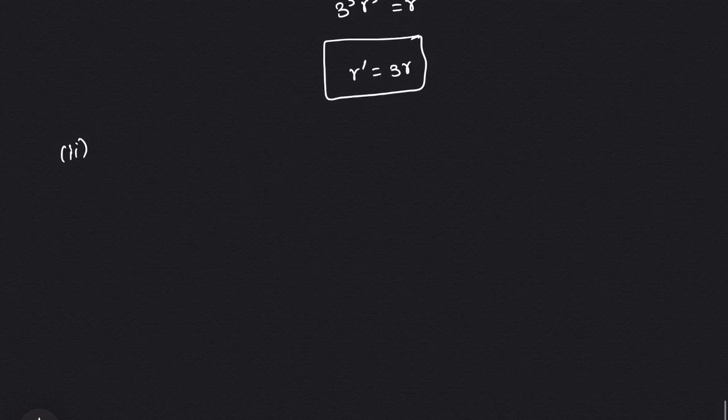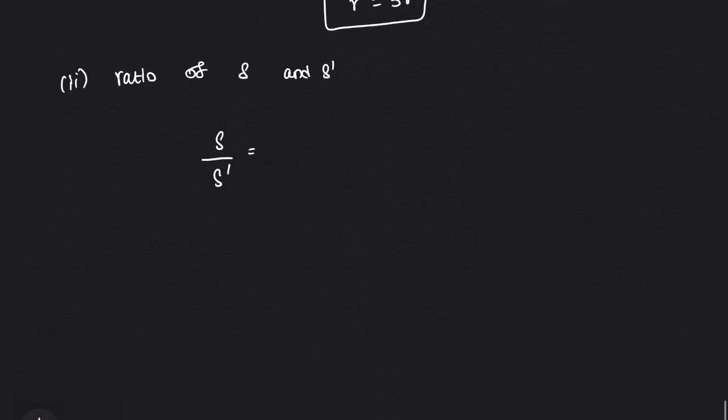Then second question. So we need to find the ratio of S and S dash. It's very simple. S and S dash are surface areas. So surface area of the sphere with radius r divided by surface area of the sphere with radius r dash. So smallest surface area divided by larger surface area.